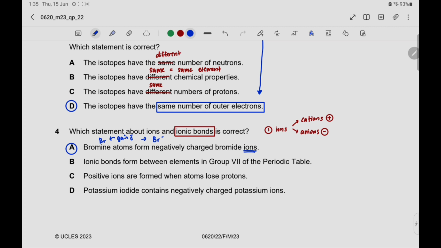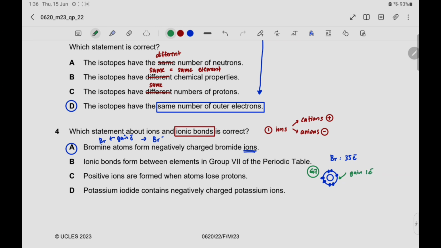If you don't understand, I'll explain slowly. Bromine, I have 35 electrons. Actually, to make you understand better, you have a lot of shells, but the last shell has 7 electrons. How do I know it's 7 electrons? Because they are group 7, am I right or not? Group 7, right? So they will gain 1 electron.